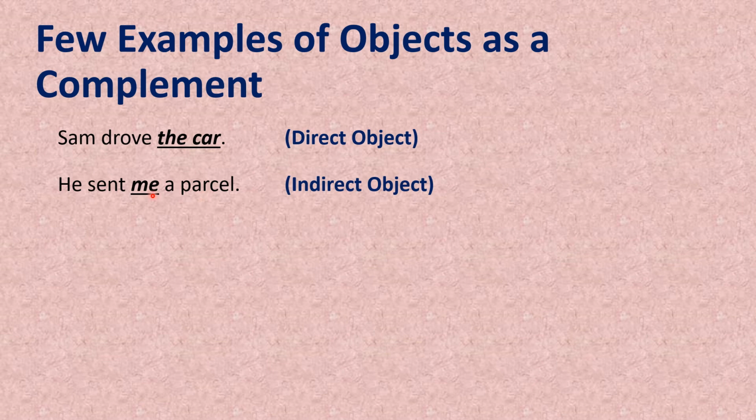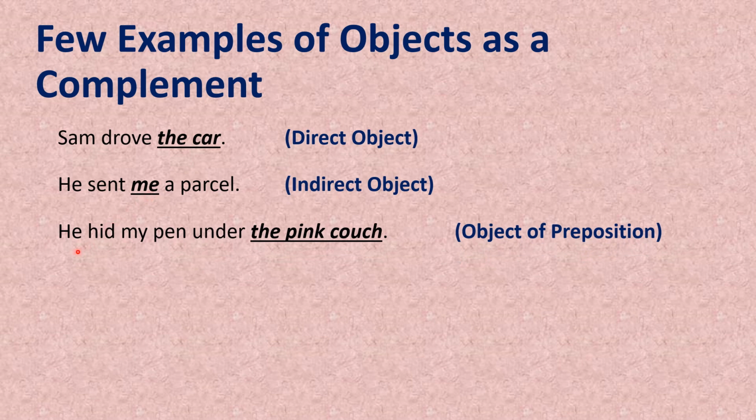Here, me is the indirect object. He hid my pen under the pink couch. You can see that the pink couch is the object of preposition. And here, the preposition is under. So, the pink couch is the object of preposition.